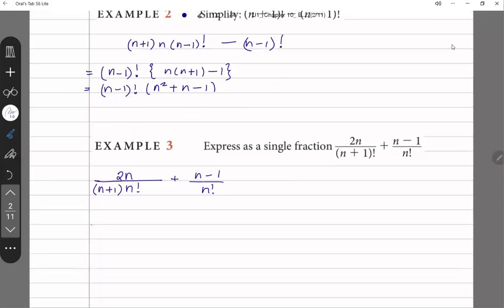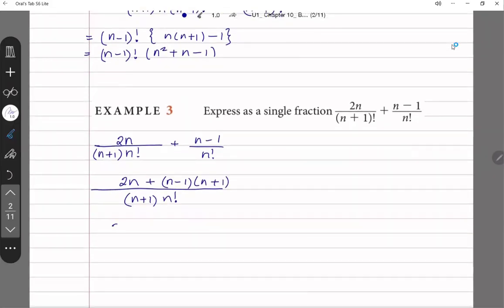So the LCM is n plus 1 times n factorial. Now, n plus 1 times n factorial into n plus 1 times n factorial is 1. 1 times 2n is 2n. N factorial into n plus 1 times n factorial is n plus 1. So we have n minus 1 times n plus 1.